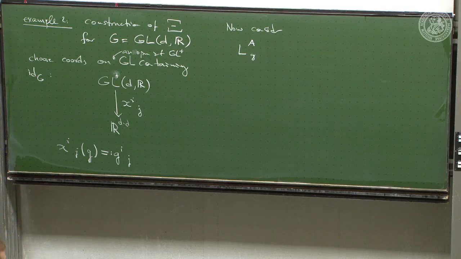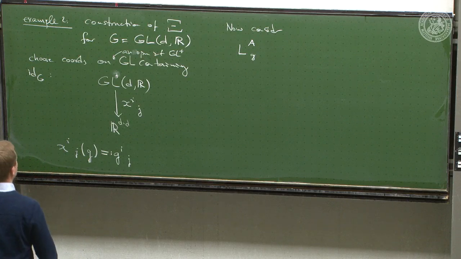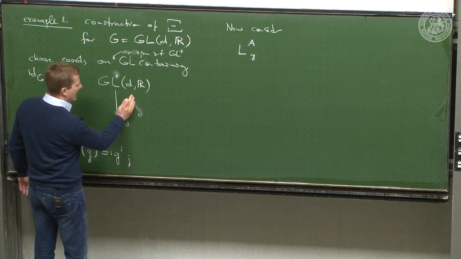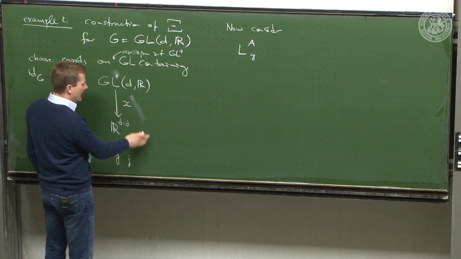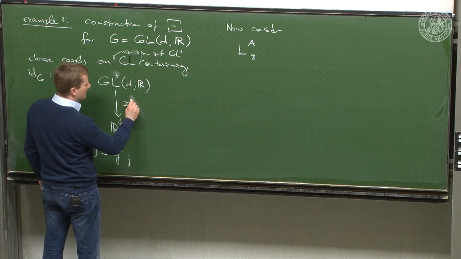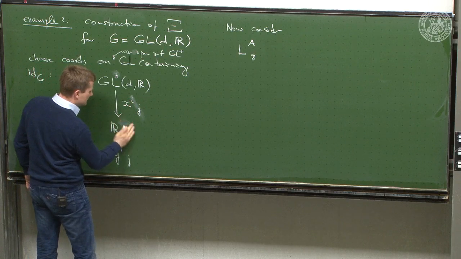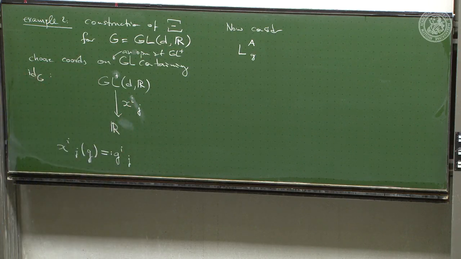The x lands in R^(d×d), but then the x_ij map to R, because every single coordinate is a real number.